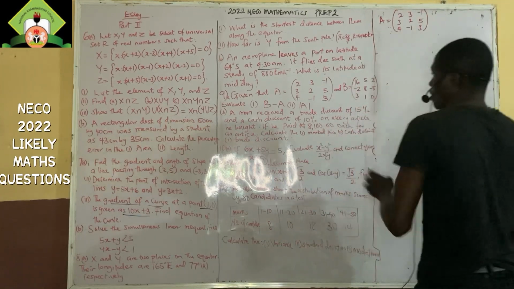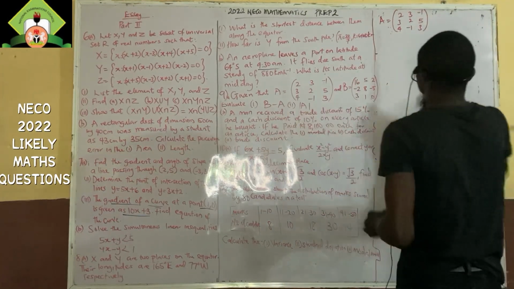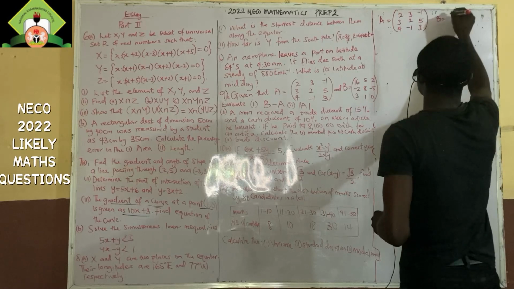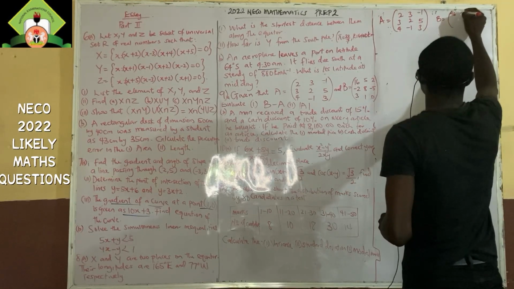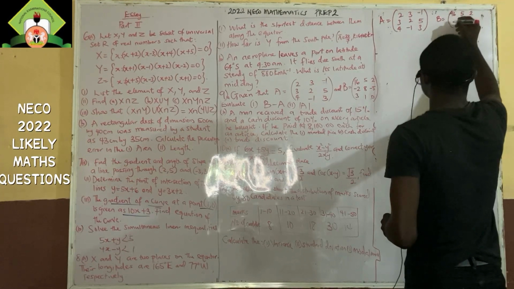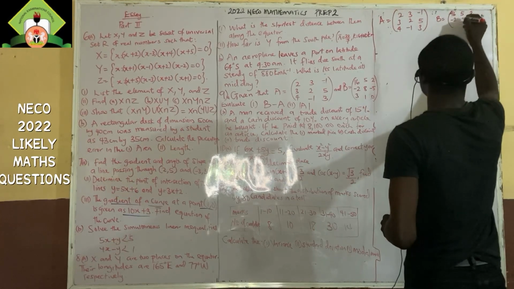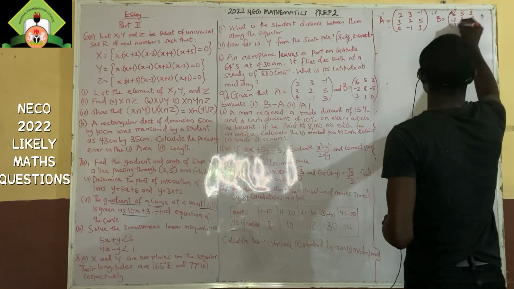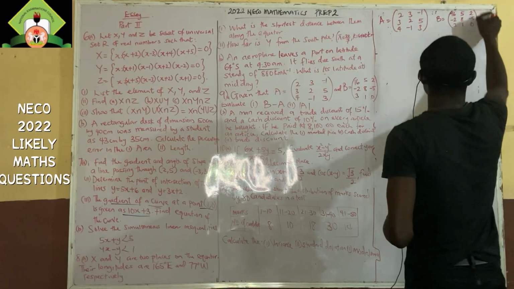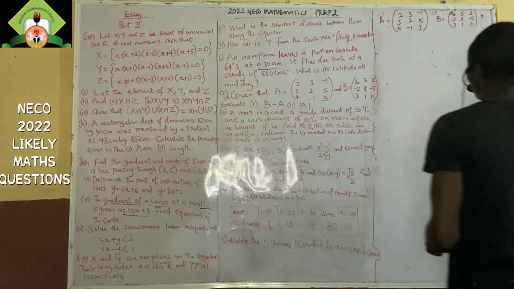And B is the matrix with rows 16, 5, 2; minus 2, 8, minus 5; then 3, 1, 0. So that is B for you.